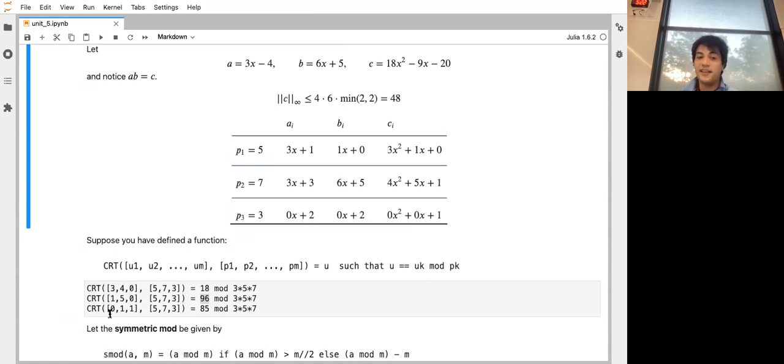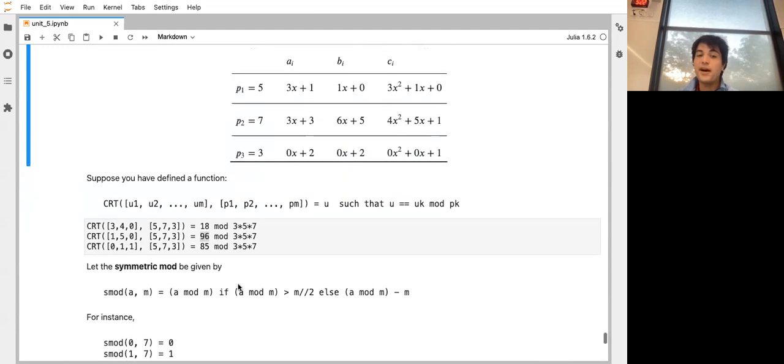If I give this to CRT, then it will say 85 is the number that is 0 mod 5, 1 mod 7, and 1 mod 3. And thereby we've reconstructed the product. The product mod 5 times 7 times 3 is going to be 18x squared plus 96x plus 85.